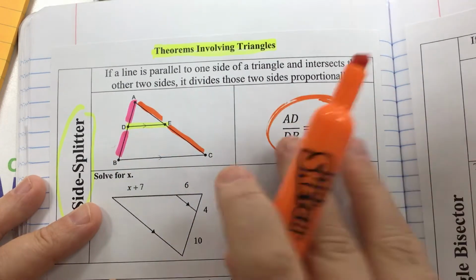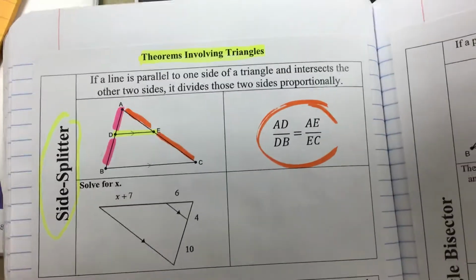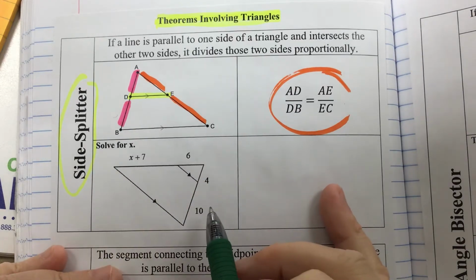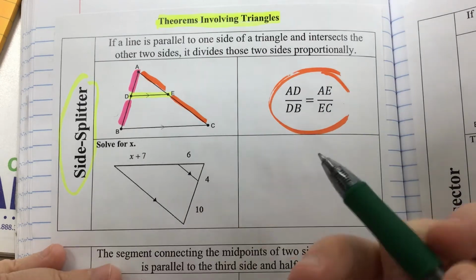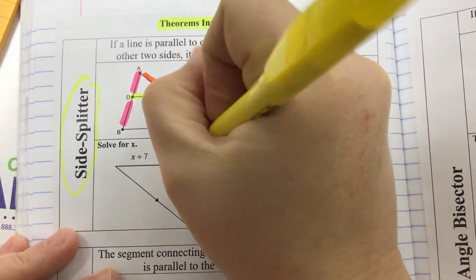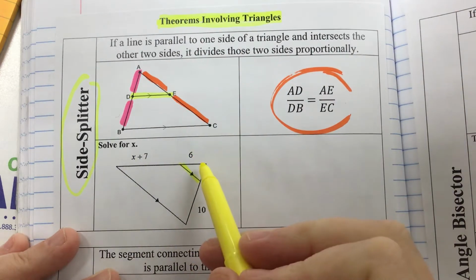So again, we have a proportion, and we've been practicing solving those recently. Let's do an example that applies the side splitter theorem. The directions say to solve for x. Notice in this picture, we have a line that is parallel to one side of a triangle, and it intersects the other two sides.